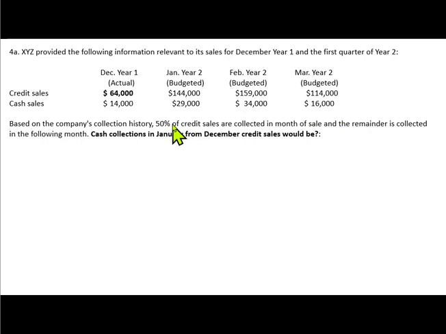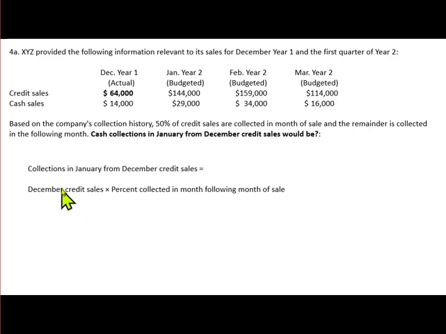Based on the company's collection history, which is 50% of credit sales are collected in the month of sale and the remainder is collected in the month following, they want to know cash collections in January from December credit sales would be what? So we're going to collect 50% of our December credit sales in January.